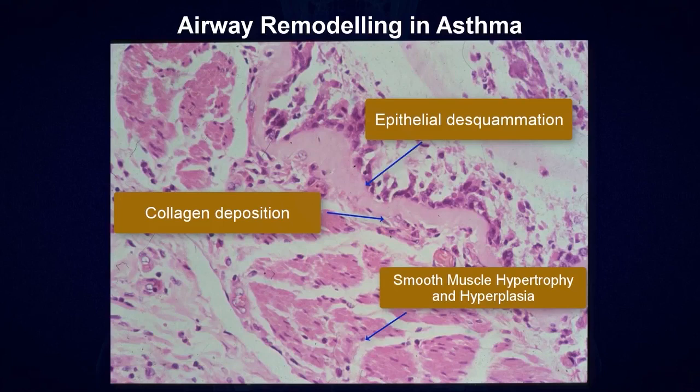Again, when any individual exercises, what he or she does is contract and relax the muscles. Something like that happens in the airways, that the muscles, because of repeated contraction and relaxation, undergo hypertrophy and hyperplasia.